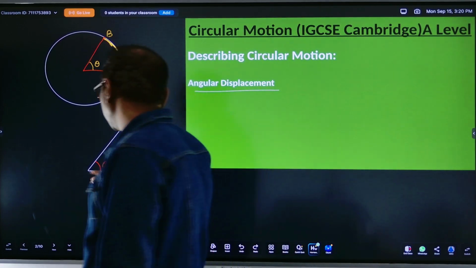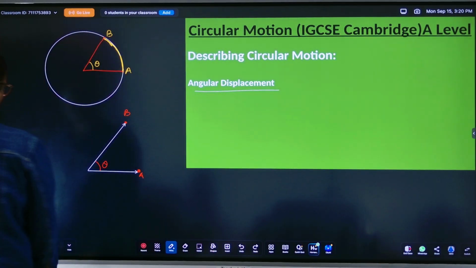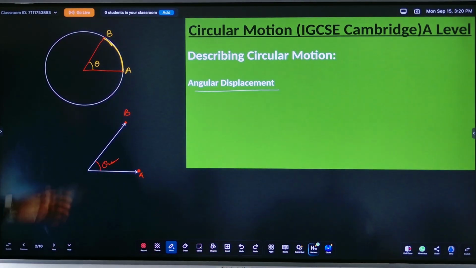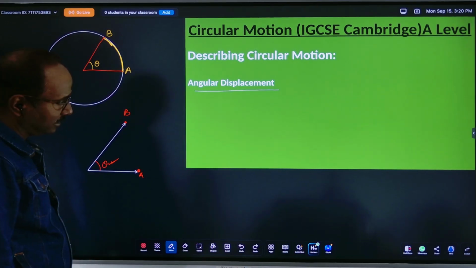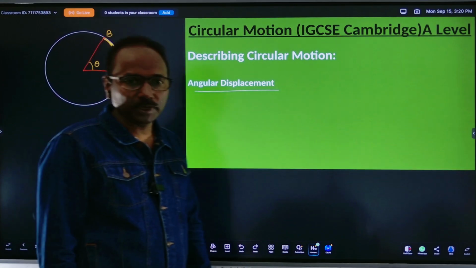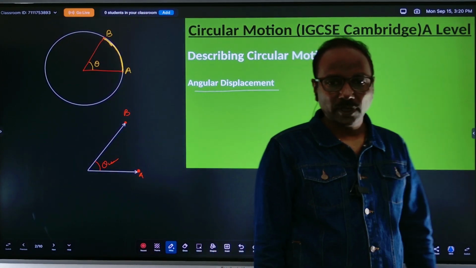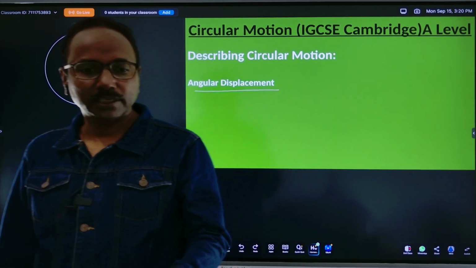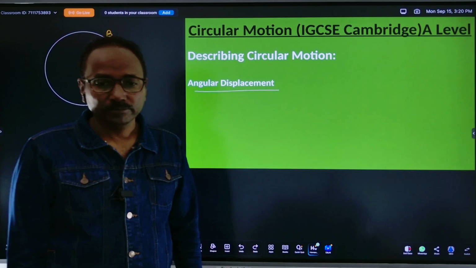Though it is not turning in a circle, we can say that this is the angular displacement of the particle when it moved from A to B. So angular displacement basically is the displacement expressed in terms of angle.